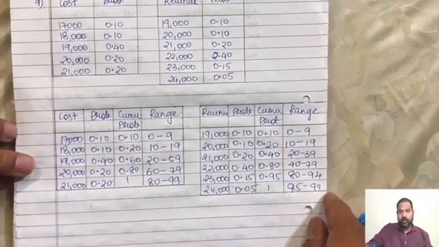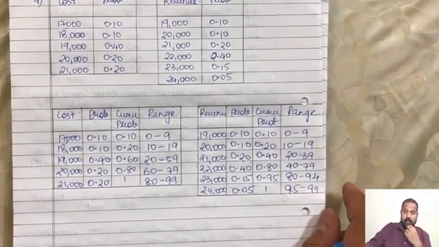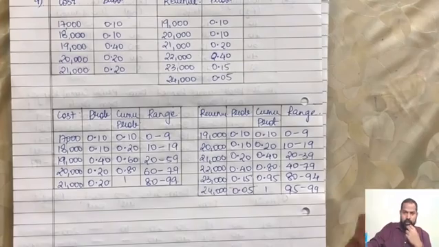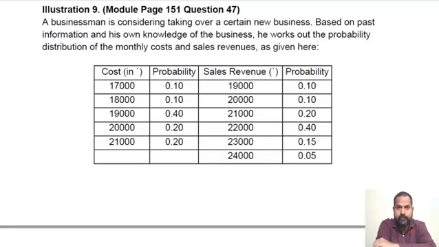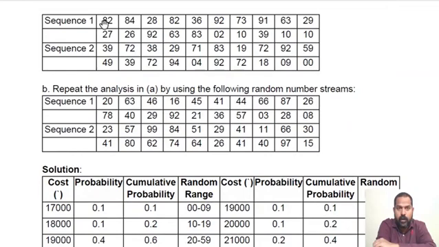Done? What am I going to do? They have given you 20 random numbers, or are they more than 20? I think they are 20. I didn't count them well. So the random numbers will be 1, 2, 3, 4, 5, 6, 7, 8, 9, 10.